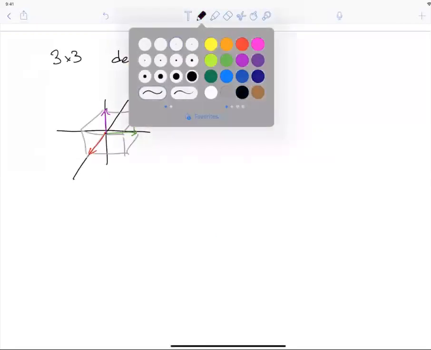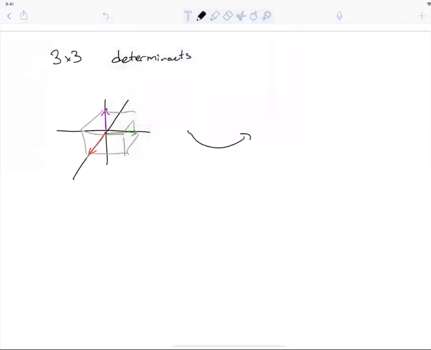And we might take a matrix. Let's take just our favorite matrix, just 2s on the diagonal. This is going to stretch each dimension by a factor of 2. So what happens to this box?